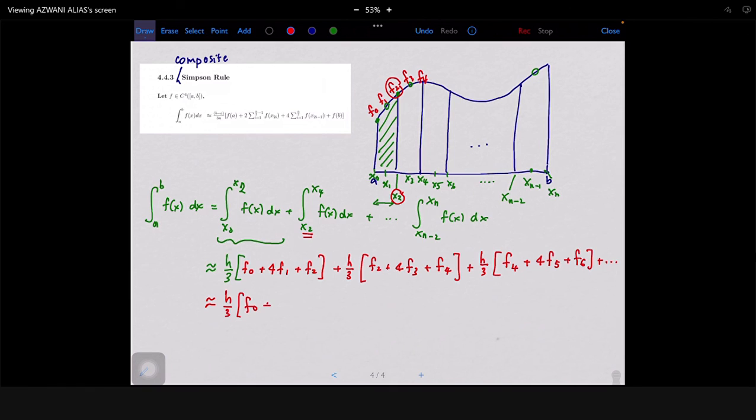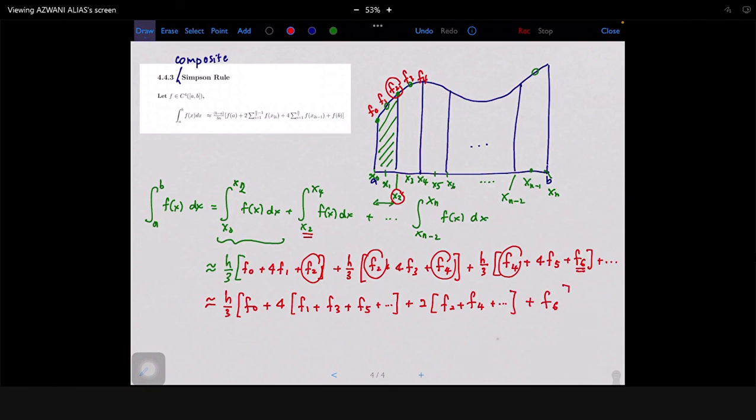F0 plus 4 (F1 plus F3 plus F5 ...) plus F2 plus F2, kita dapat 2 F2 plus F4 F4, okay, plus if ada lagi, plus the final dia lah, let's say kat sini final dia adalah F6.